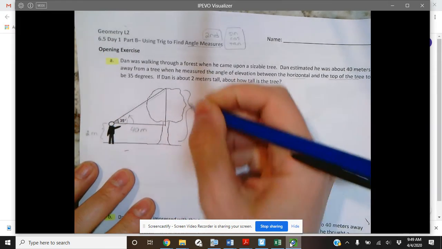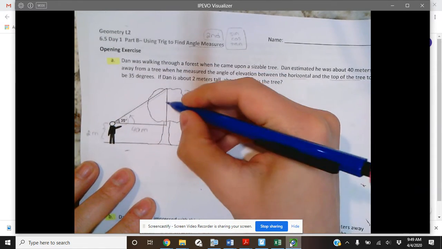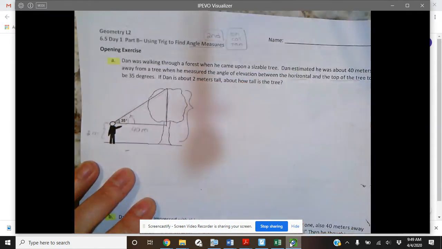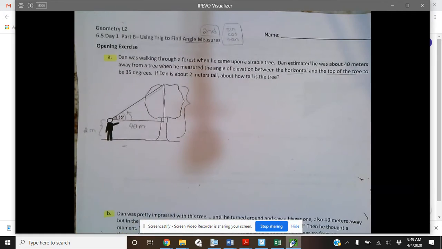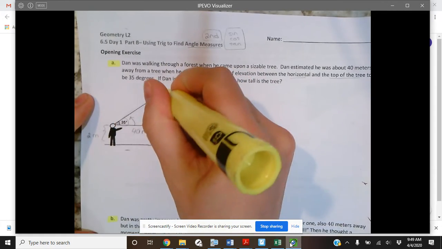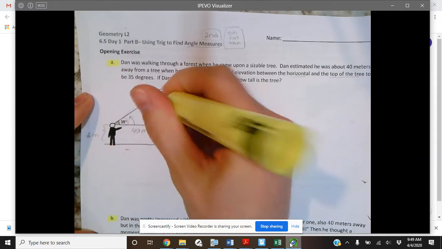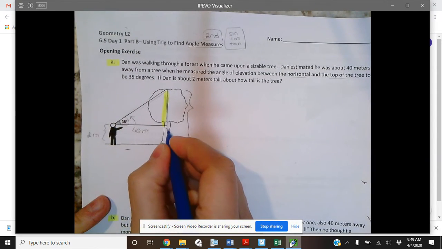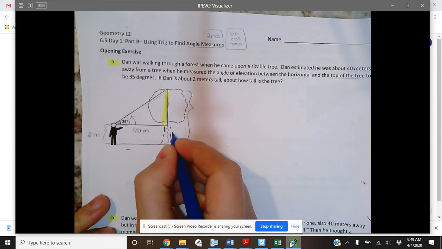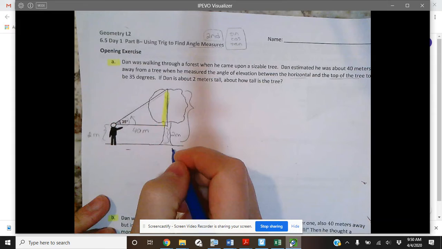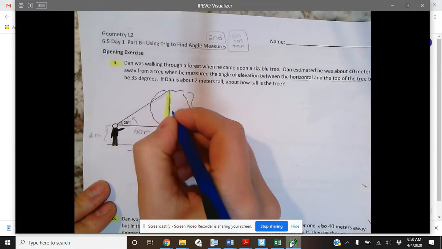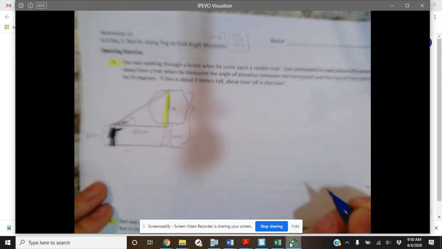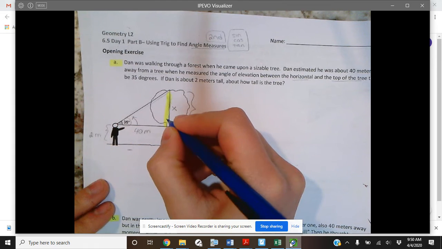However, all we can find is this part of the triangle, which is part of the height. If we were to find that height, then we could simply just tack on that 2 meters, and we can figure out how tall the tree is in total. So first, let's find the height of the triangle.